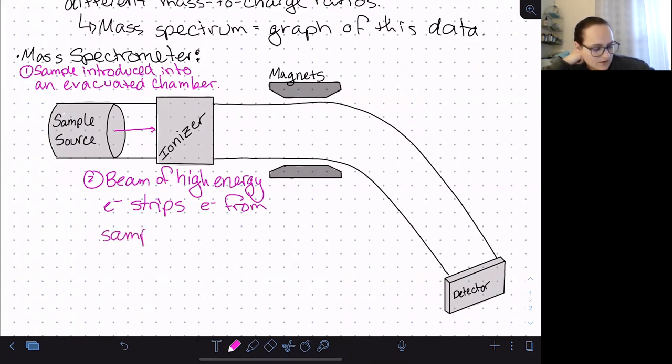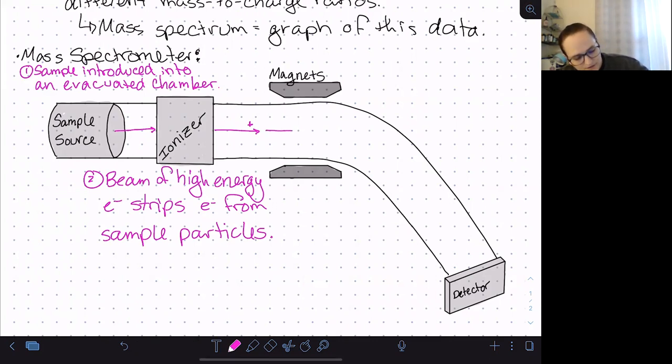So essentially, as your sample travels through the ionizer, an electron gets knocked off by another electron that has a whole lot more energy. So it travels through the ionizer and comes out the other side, now with a positive charge, since it has lost an electron. So we have little positive charged ions moving in this direction.